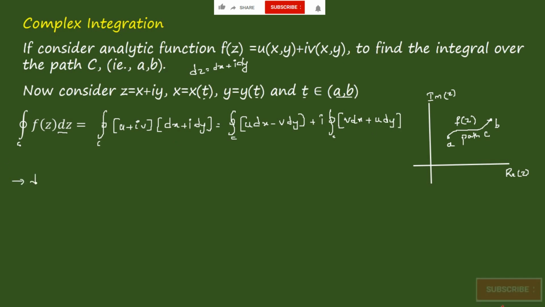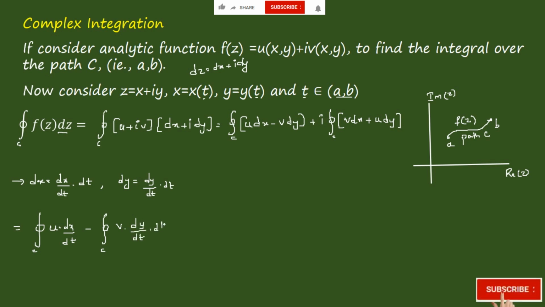Now if you consider dx is equal to dx by dt into dt, and dy is equal to dy by dt into dt, we can write this function as the integral over c of u into dx by dt minus v into dy by dt into dt, plus i into the integral over c of v into dx by dt into dt plus u into dy by dt into dt, right?